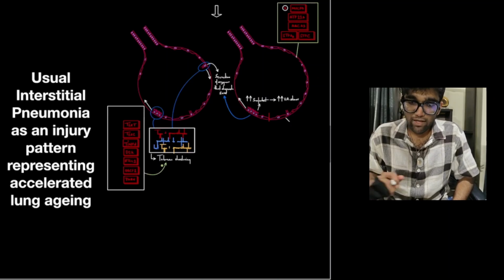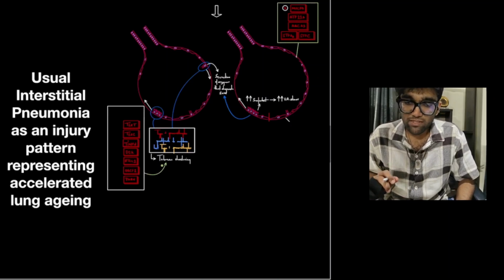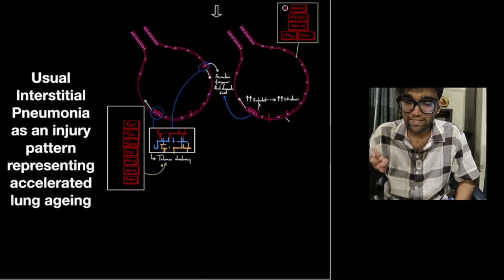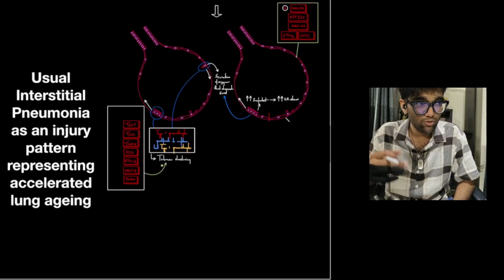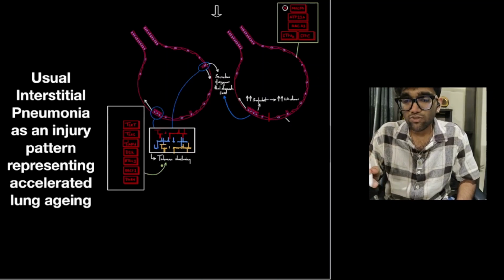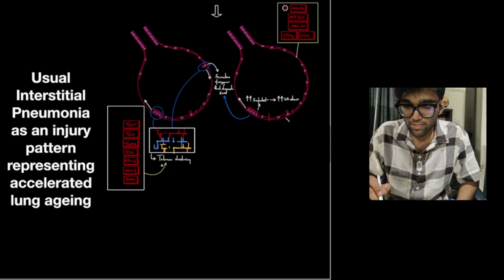Now polymorphisms in genes that determine how much this type 2 pneumocyte will be affected by this increased demand to produce surfactant protein also increase the risk of development of usual interstitial pneumonia. The most important one that we need to know about is the MUC5B gene.